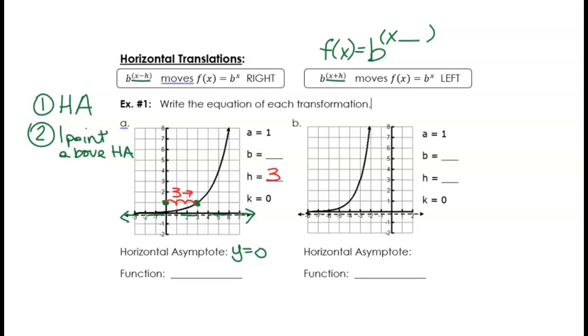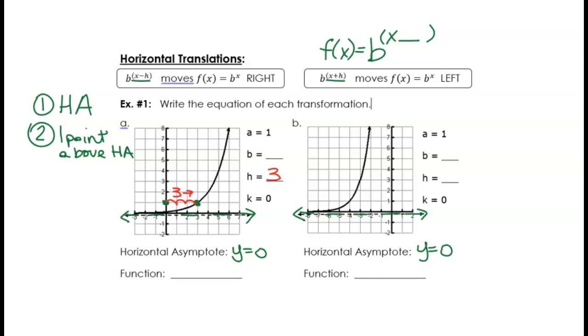Okay, so in part B, I need to find the horizontal asymptote, so can I get a volunteer to supply the horizontal asymptote? Yes, ma'am. Can you give me the equation for that? Not just 0, but what equals 0? Y equals 0, yeah. Awesome. I also need the point that is 1 above the horizontal asymptote.